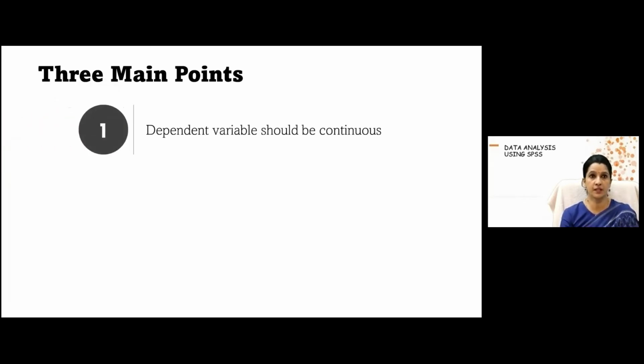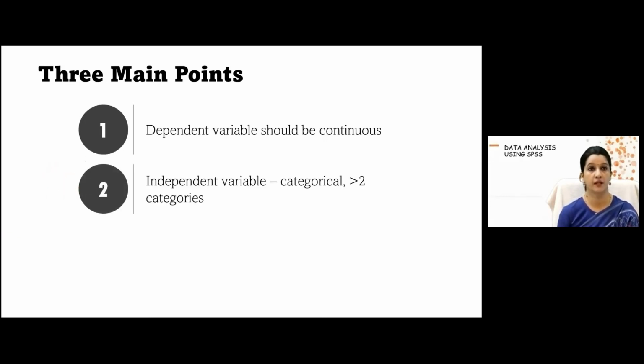Now, the assumptions are the same as those of an independent sample t-test. In the independent sample t-test, we read that the dependent variable should be continuous. In the research questions, we have seen that the pain score, the BMI score, and marks obtained in the exam are all examples of continuous data.